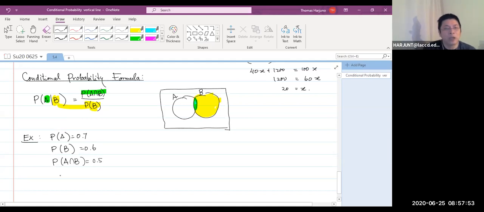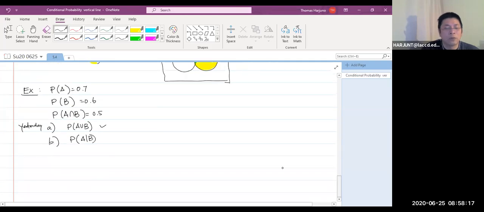Now, yesterday we had a very similar problem. The question was the probability of the union, something we handled already. But now we can ask further, what is the probability of A given B? Write down the formula first.